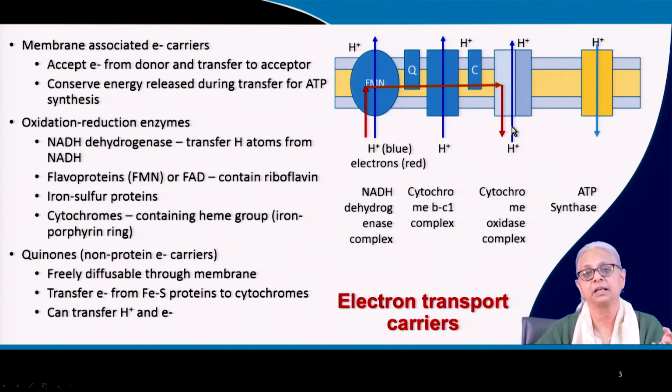So our terminal electron acceptor can be oxygen. That oxygen gas will accept these electrons and convert to water, or you can have carbonate, nitrate, sulfate, and so on. So all that will happen at the last point.